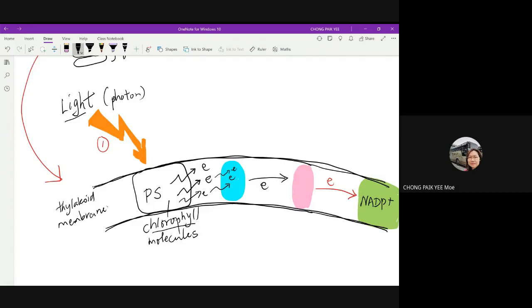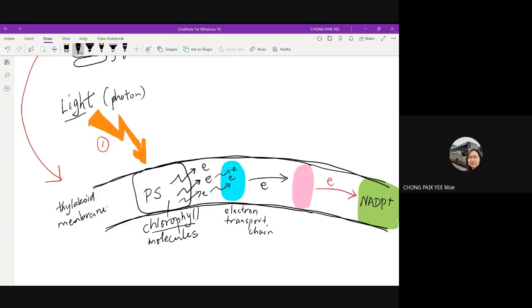This is the electron transport chain, as you'll see in the YouTube videos. Why is it a chain? Because there's more than one. There are a series of transport carriers, and that's why the whole linking is called a chain. Let's say this is the first one. This molecule receives this electron.